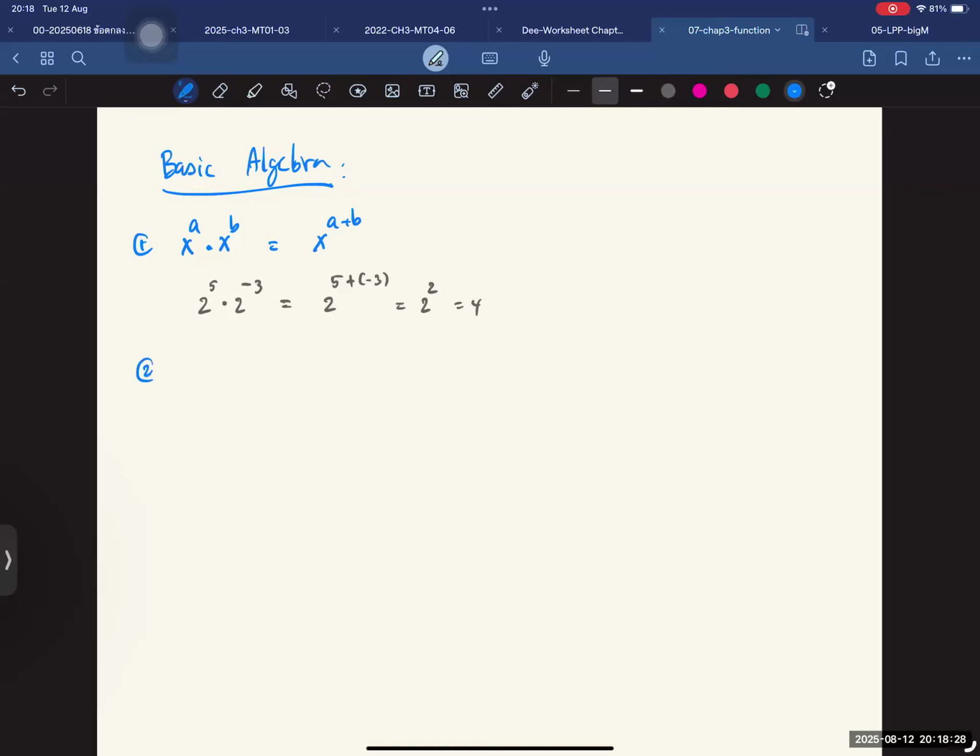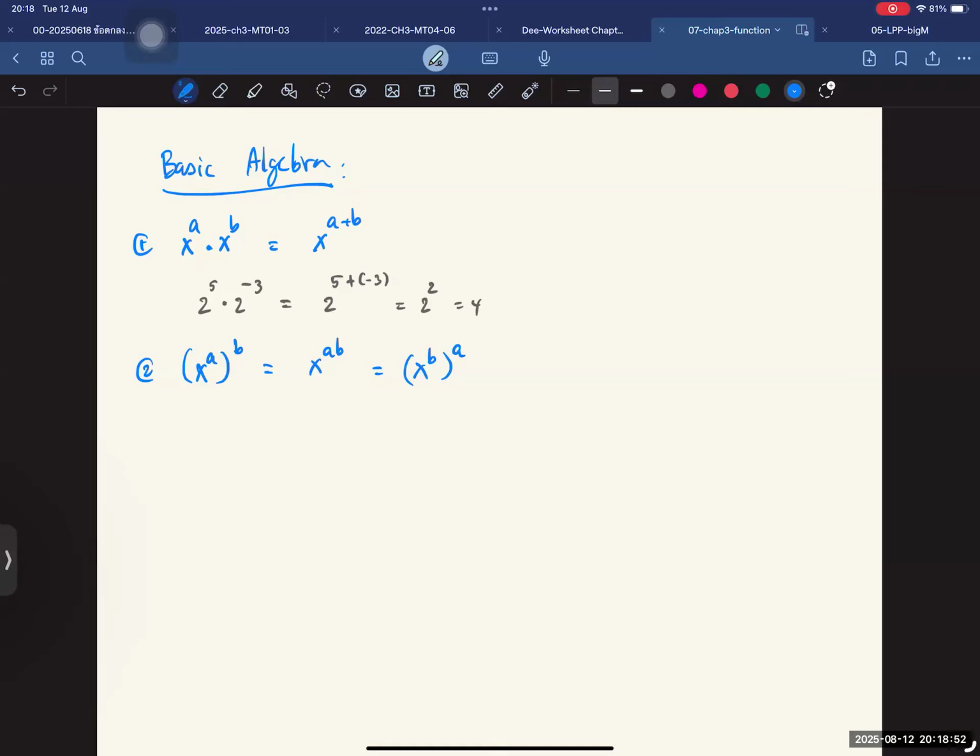All right, so if we have the same base, we can combine the powers. Okay, so if we have x to the power of a, to the power of b, this is the same as x to the a times b, or we can have x to the power of b, and then to the power of a.